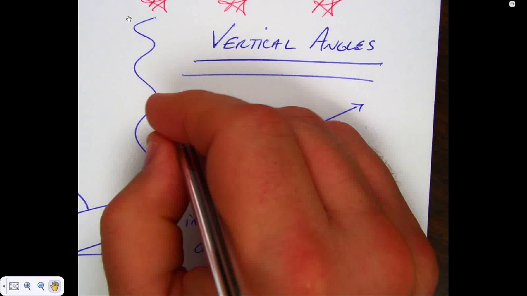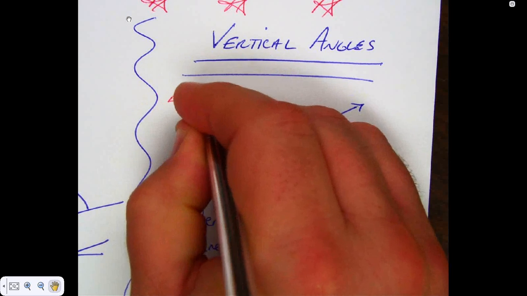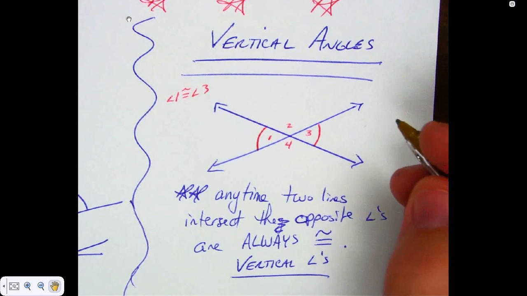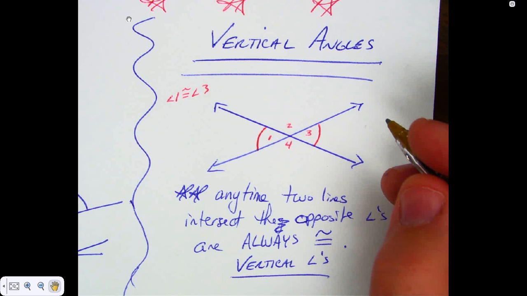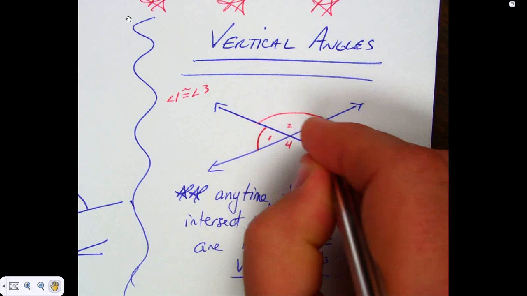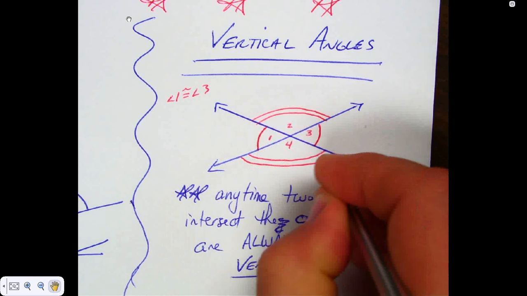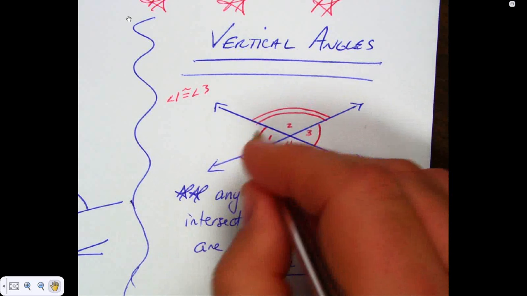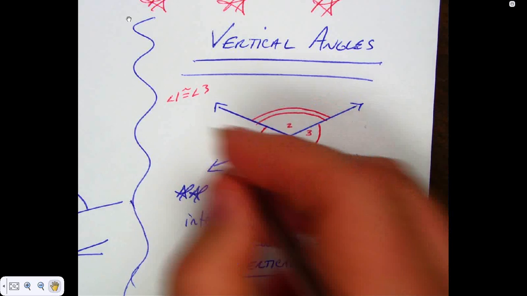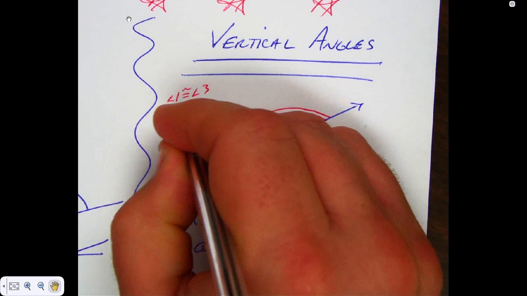Congruent. Angle 1 would be congruent to angle 3. Are there any other opposite angles? 2 and 4 have to be what? Now notice I use two lines because the adjacent ones aren't necessarily congruent. So angle 2 is congruent to angle what?